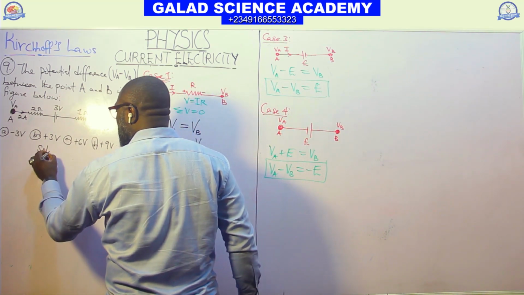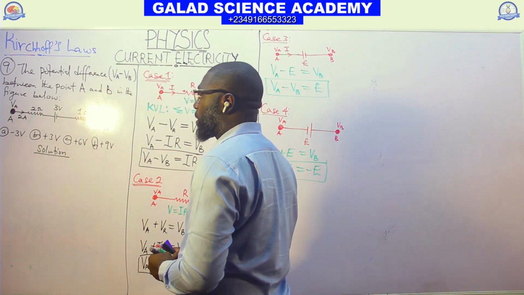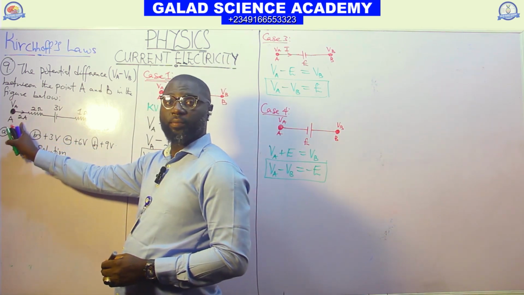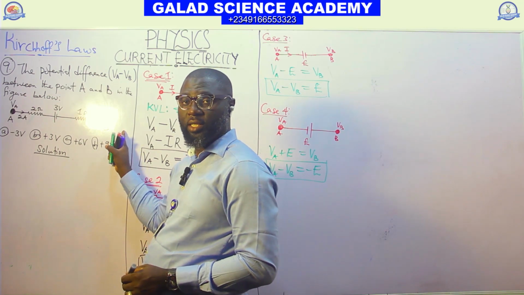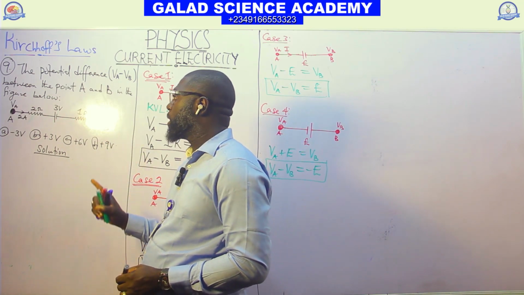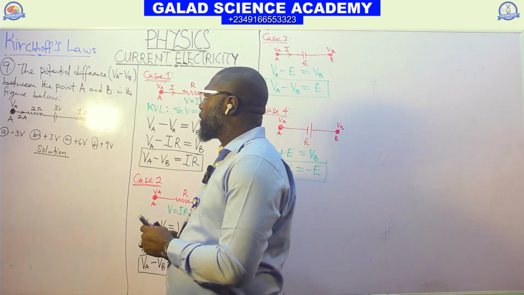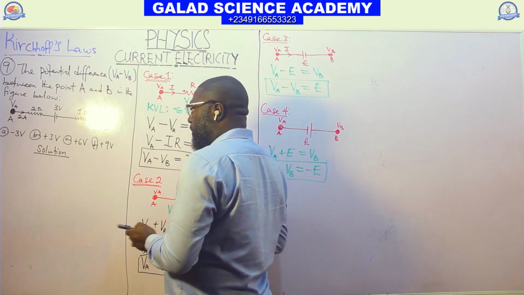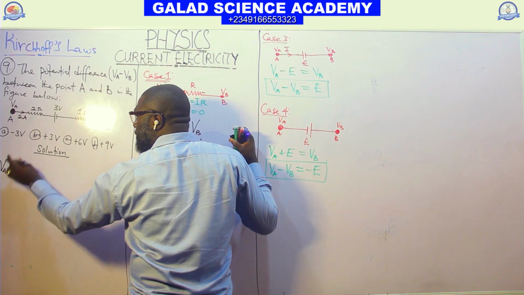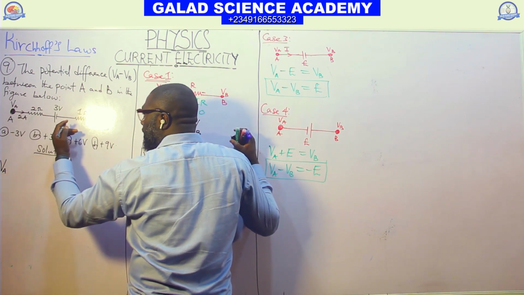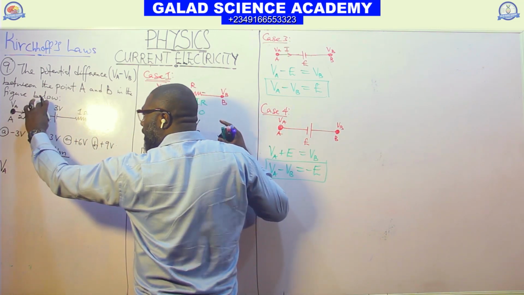Solution. This is the current, and the same current passes through this side. So what we do now is, you can say that VA is going like this. When it's going like this, the voltage drops here.